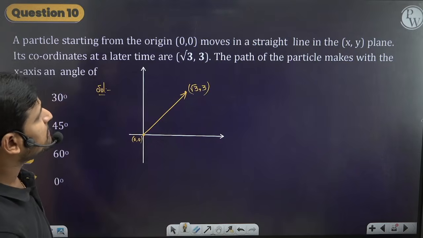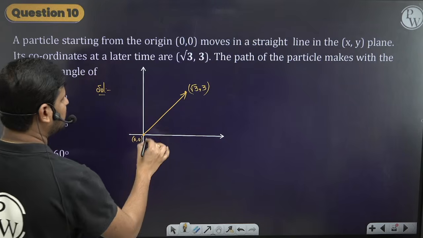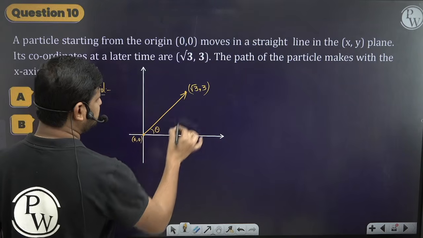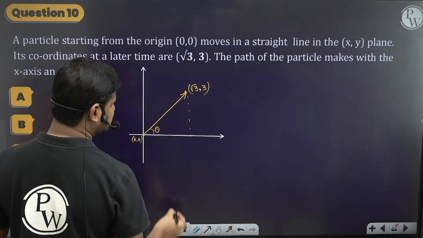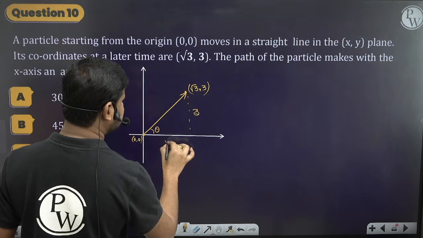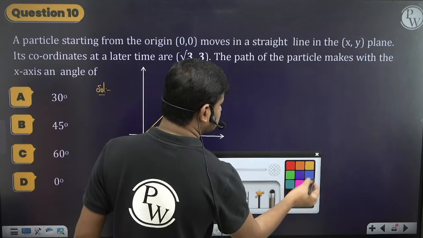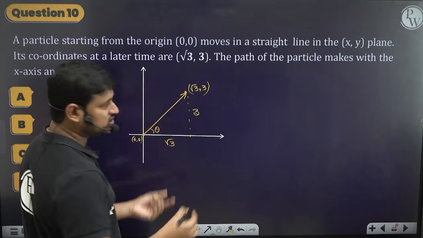The path of the particle makes with the x-axis an angle of... So we have to find this angle. Just basic maths. In the y it is covering a distance 3, and in the x it is covering a distance √3. So what's tan theta?